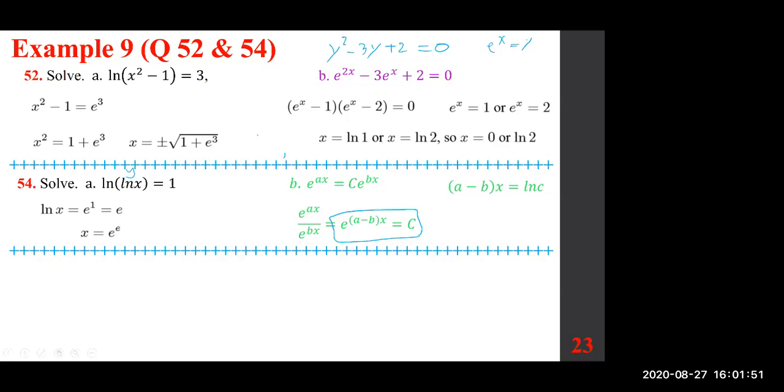In other words, what I'm saying is ln of this is ln of that. That's it. So on the left side, ln and e cancel each other, a minus b times x, and x becomes ln c divided by a minus b. Okay.